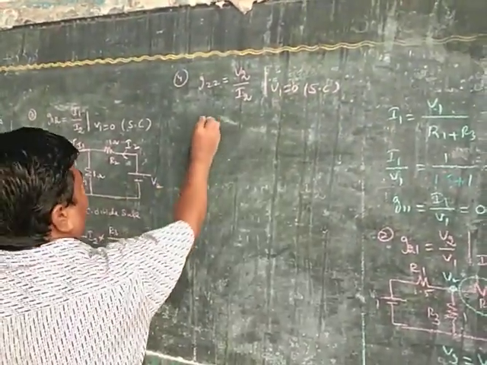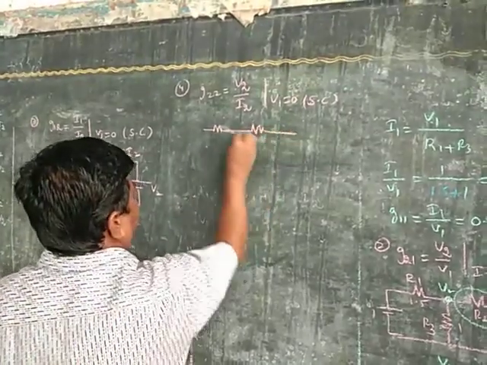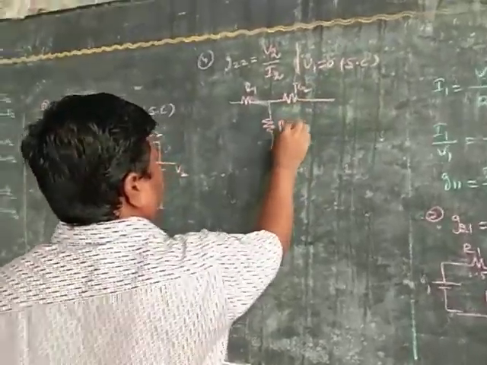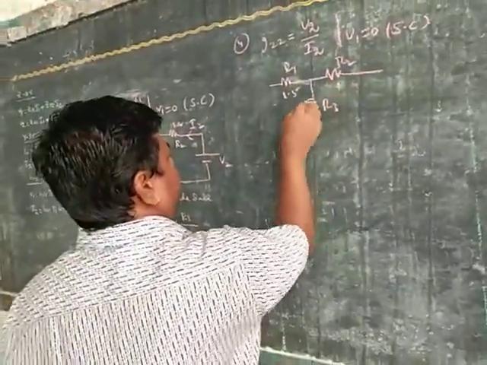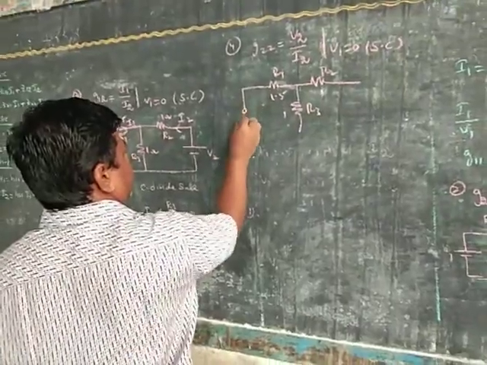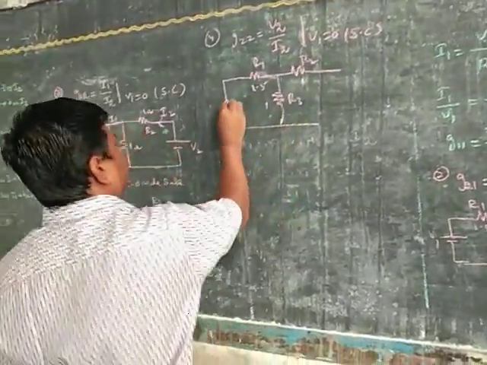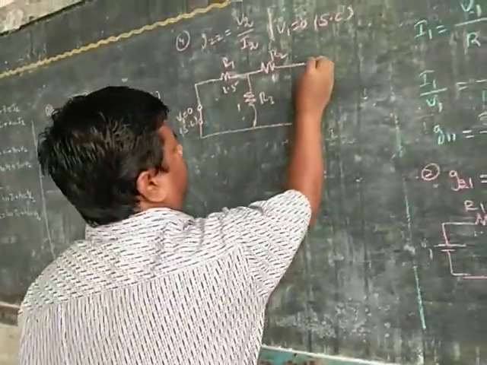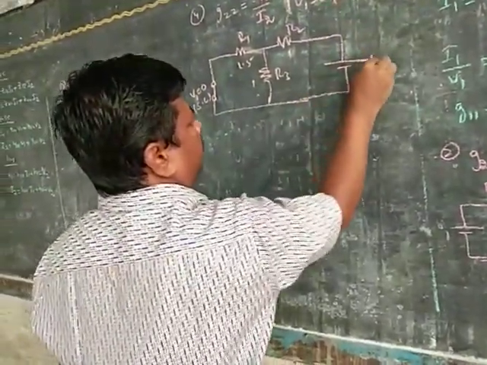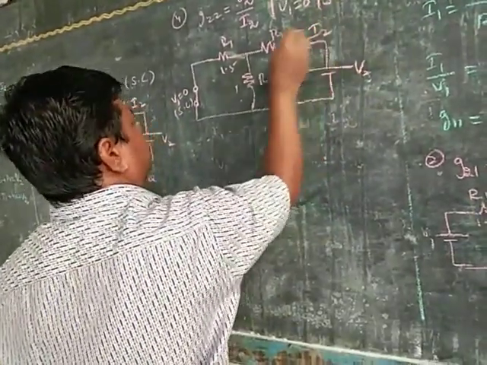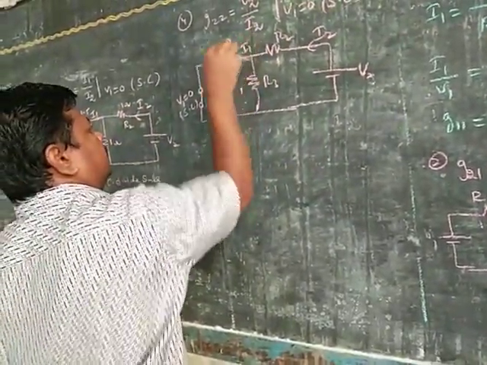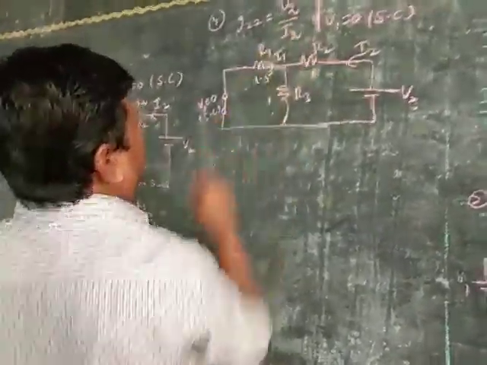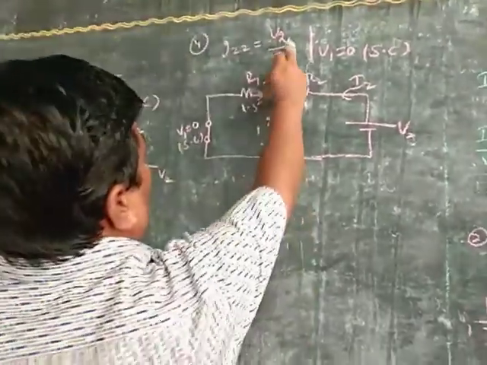The same circuit: R1, R2, R3 are 1.5, 1, 1. V1 is equal to 0, short circuit. And the voltage V2, this is I2, and this is I1. So the condition is V2 by I2.